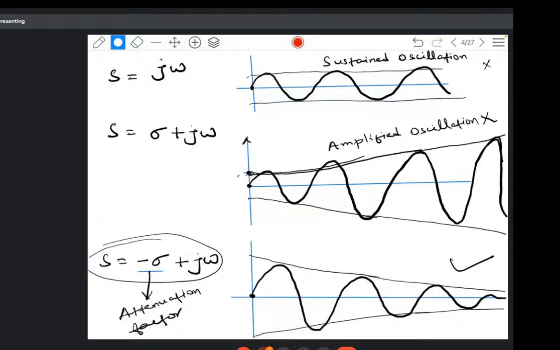Finally it will settle to its steady state. This is how we represent the real and imaginary term, and that is how we plot it. This is called attenuated oscillation. Is that fine?